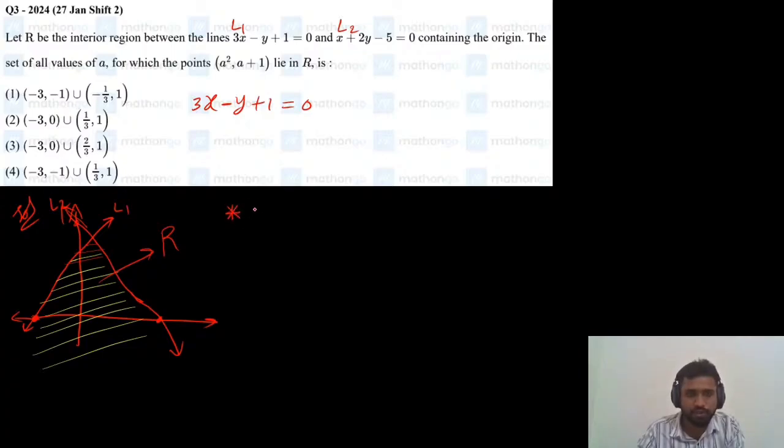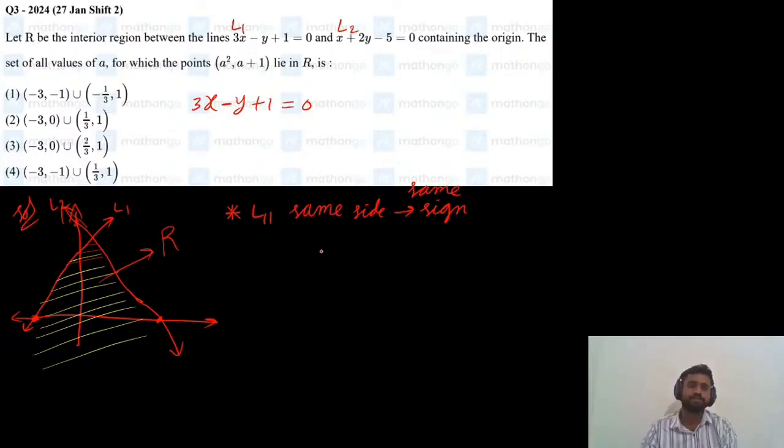Just substitute those points. Two points lie on the same side of the line if they have the same sign.